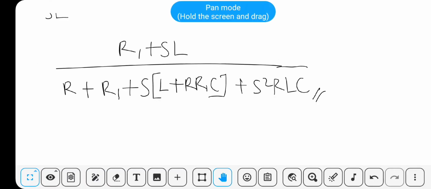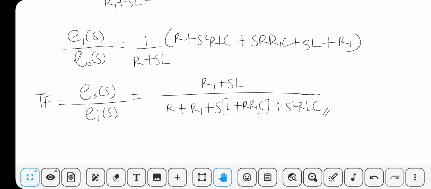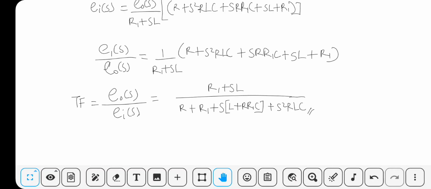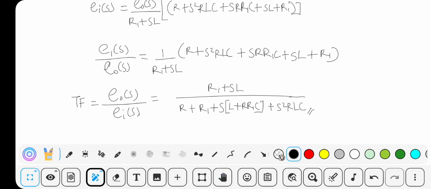So from here you can achieve this. This is the solution to this question.